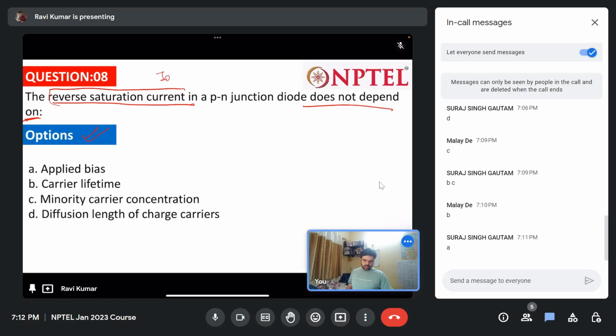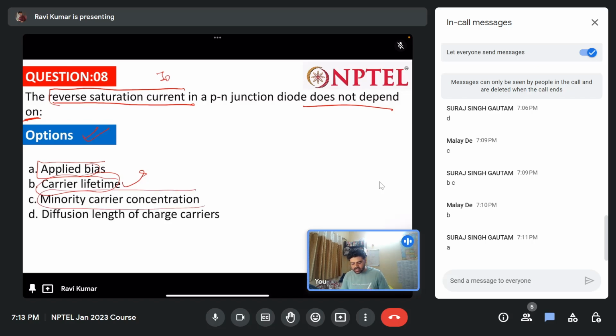Suraj saying A. What about others? See, carrier lifetime will definitely depend, because current is constituted with the carriers only, and if those carriers die out soon, then no more current will be there.